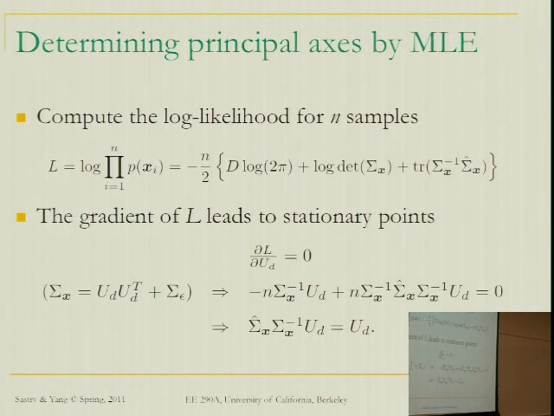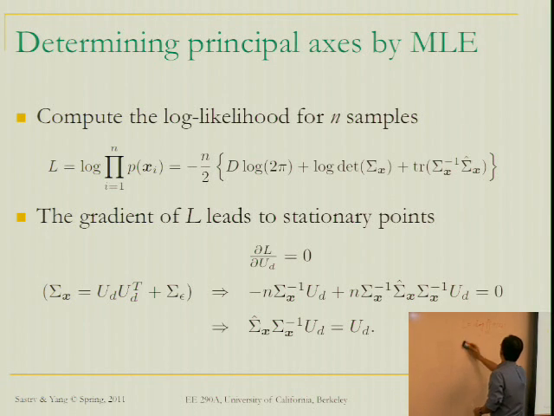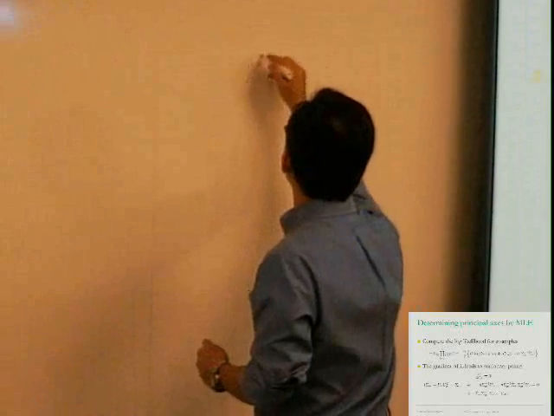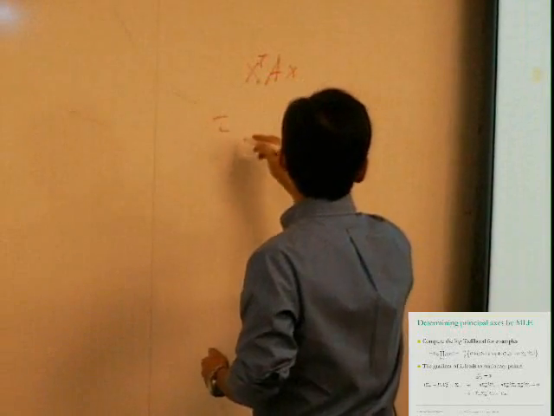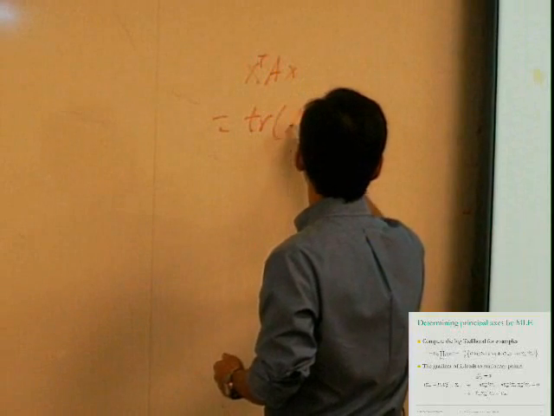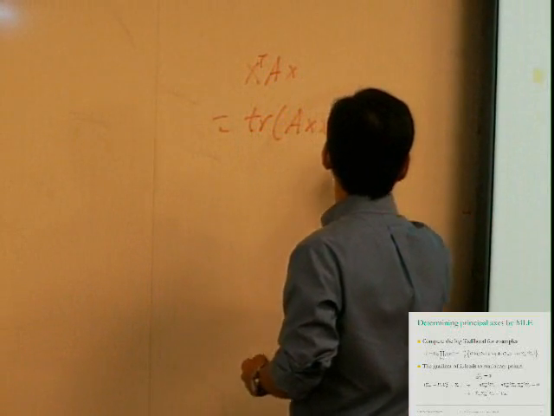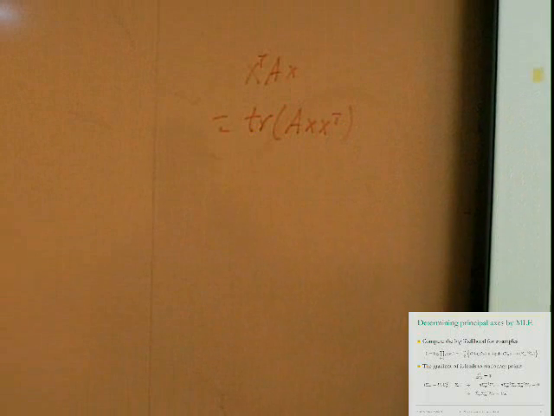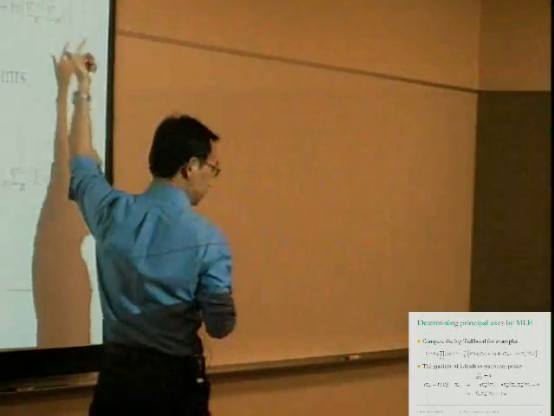Remember, last time we had this property that x transpose AX is equal to the trace of AX x transpose, right? And then you apply that to n samples. That's what you have.